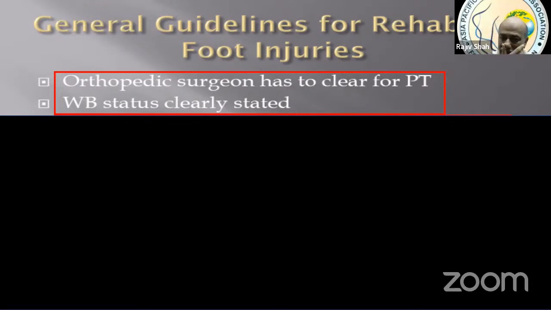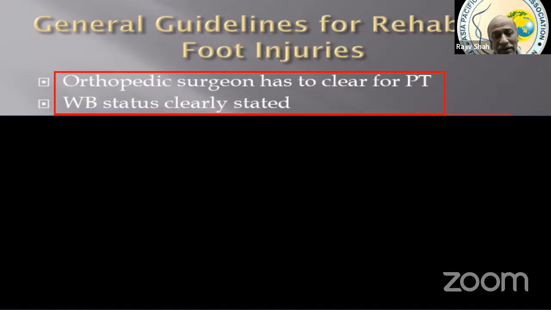See, the walking status for every patient is different. For an operated Charcot patient, you don't allow weight bearing for 6 months, though you see that all the joints you bridged are united. For some other patient, by 6 to 8 weeks, you may start partial weight bearing. So weight bearing status has to be clearly defined whenever we send our patient to the physiotherapist.